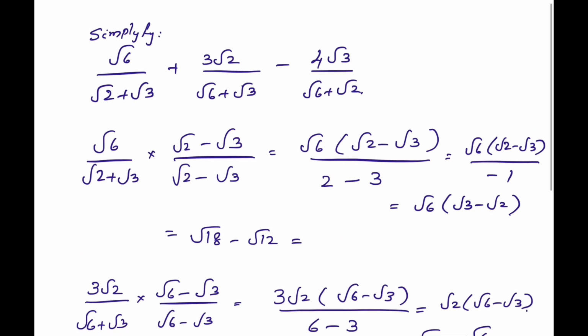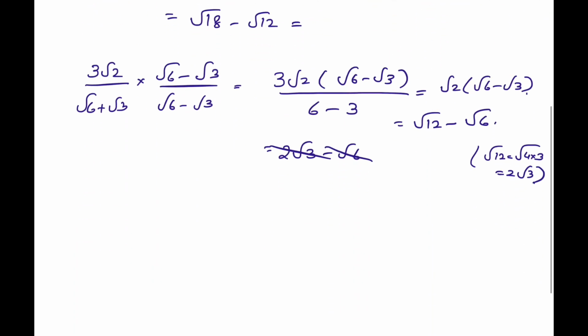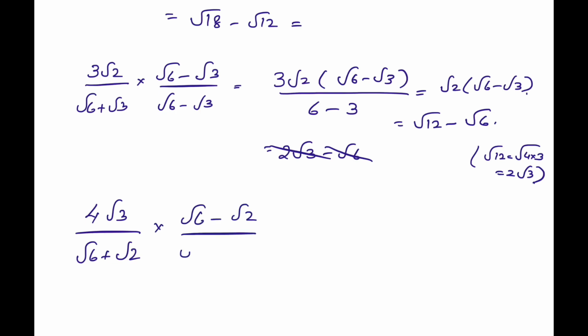The third term is 4 root 3 by root 6 plus root 2. Multiply by root 6 minus root 2 by root 6 minus root 2. So it is 4 into root 18 minus 4 into root 6 by, or I will not multiply with 4.